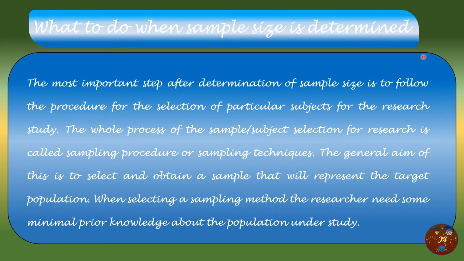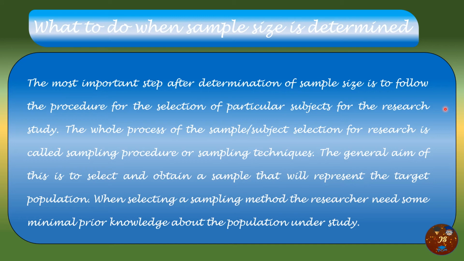Next, what to do when the sample size is determined? The most important step after determination of the sample size is to follow the procedure for the selection of the particular subjects for the research study. Only the determination of the sample size is not enough to do the survey or the research.